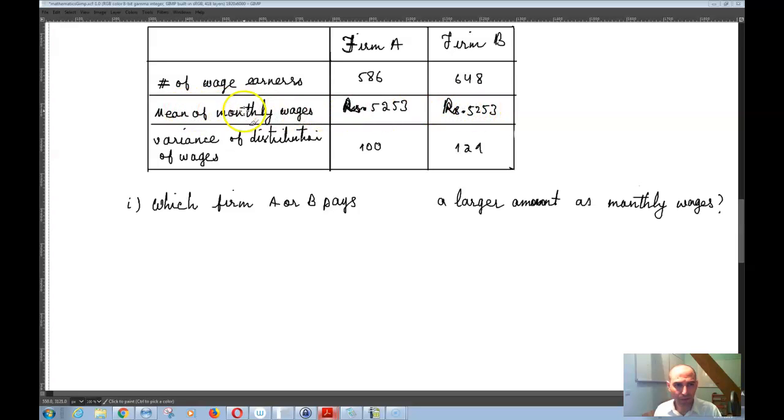So the mean of the monthly wages happens to be the same.